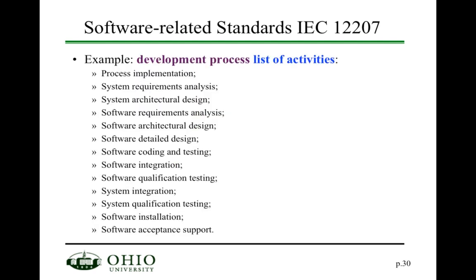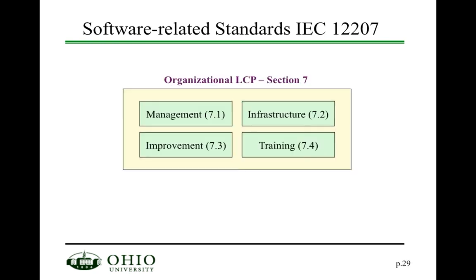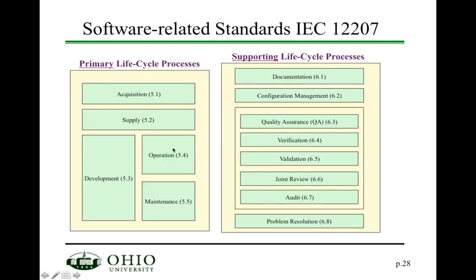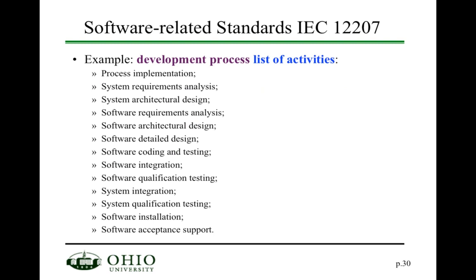Now, I put a couple more examples in. If you look at the standard itself, for example section 5.3, which is the development life cycle process, it will give you a ton more details about what kind of activities take place within this life cycle process.